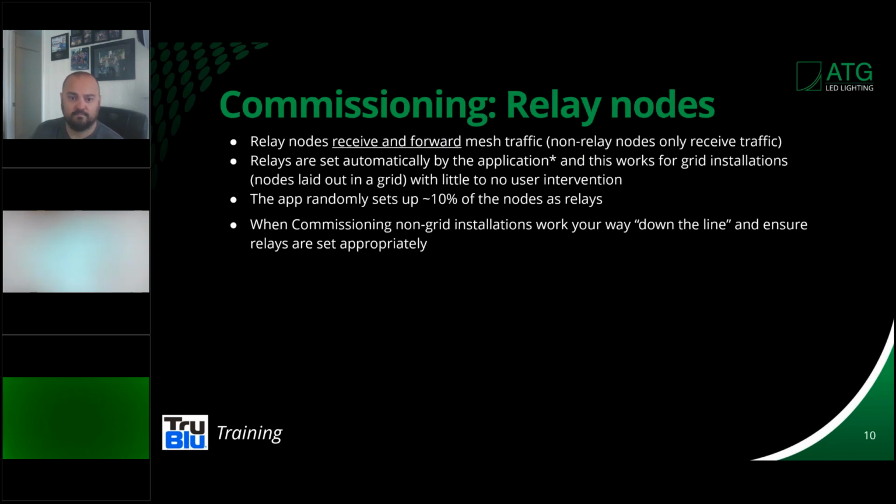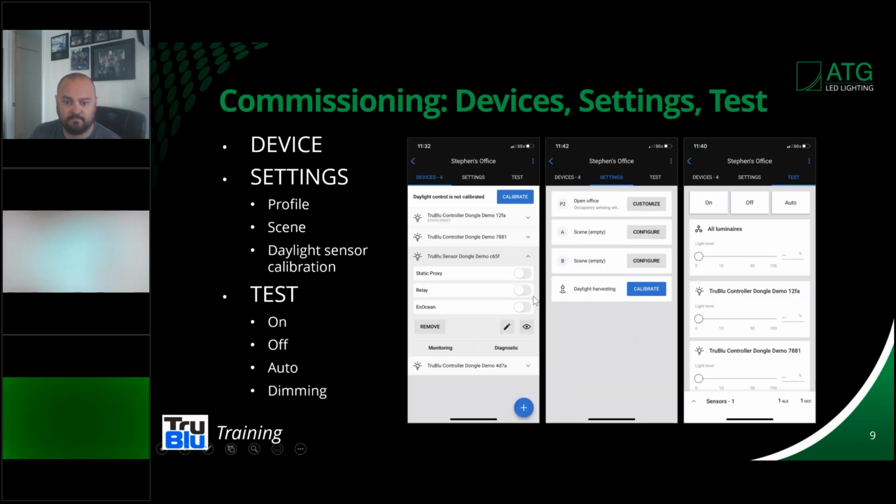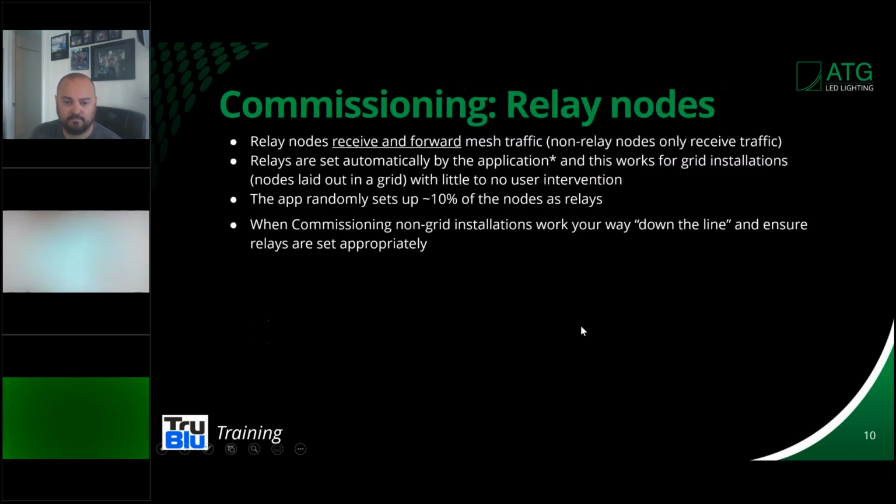So here's the relay node. Okay, why would we hit the relay button right here? Typically, you're not going to have to. The relay is simply telling a device that you're going to be responsible for communicating to the next node in the system, therefore setting up the Bluetooth mesh itself.